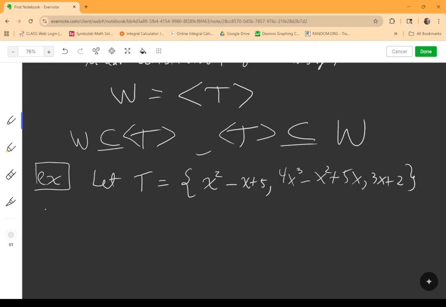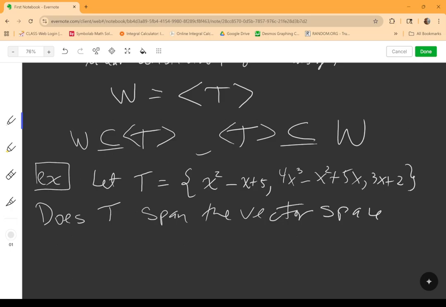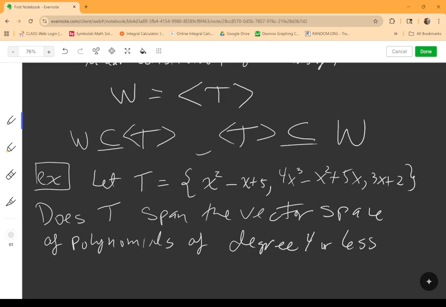The question I want to answer is, does T span the vector space of polynomials of degree 4 or less, in other words, P4?